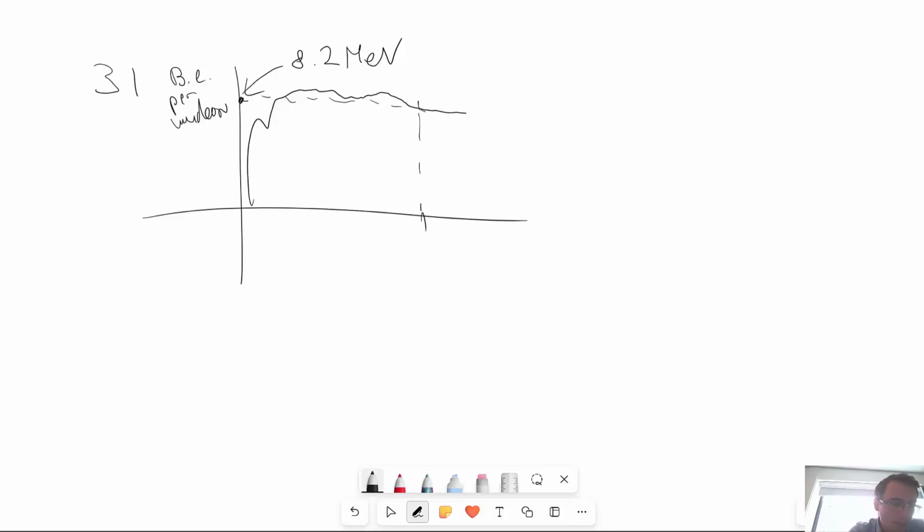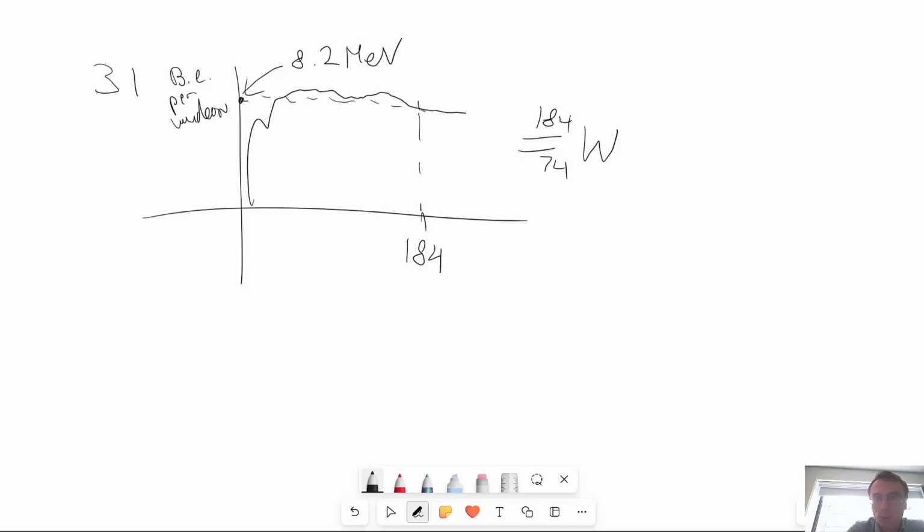However, this here is for an element with 180 nucleons, so 184, excuse me. So the element that we want to find the binding energy of has 184 nucleons. Because this number here is 184, and each of those nucleons is going to have 8.2 mega electron volts of binding energy.